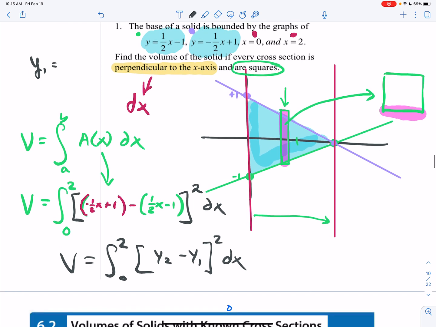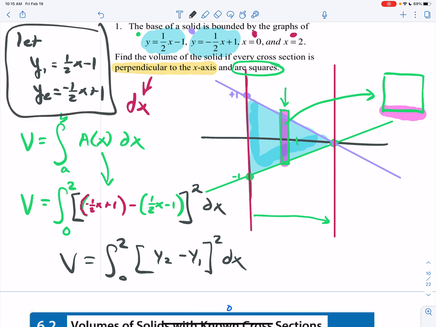So if you want to write this, you have to declare somewhere: let y1 represent 1/2 x minus 1 and y2 equal negative 1/2 x plus 1. If you do not declare it, they are not going to know what you're talking about, and they're not going to guess. So you could use the shortcuts, but you have to declare it, because they're not going to know what y1 and y2 are on your calculator.